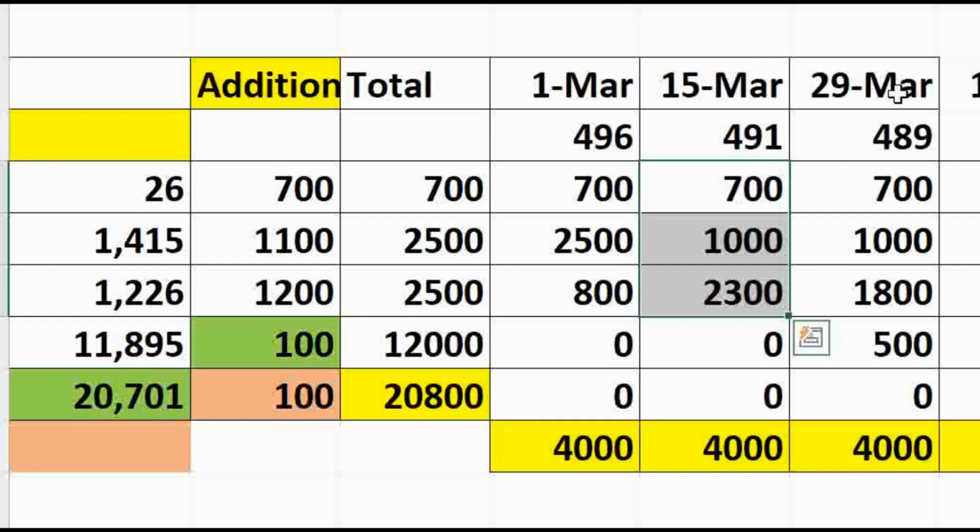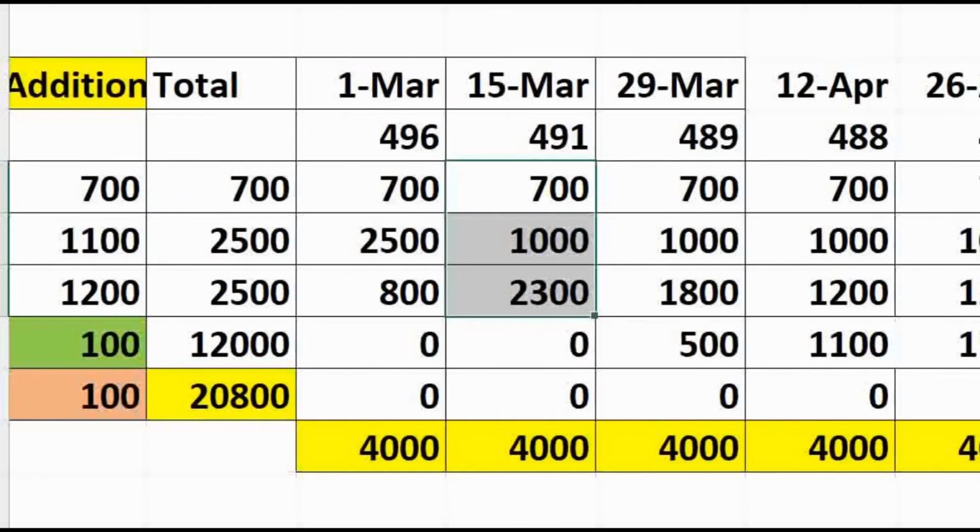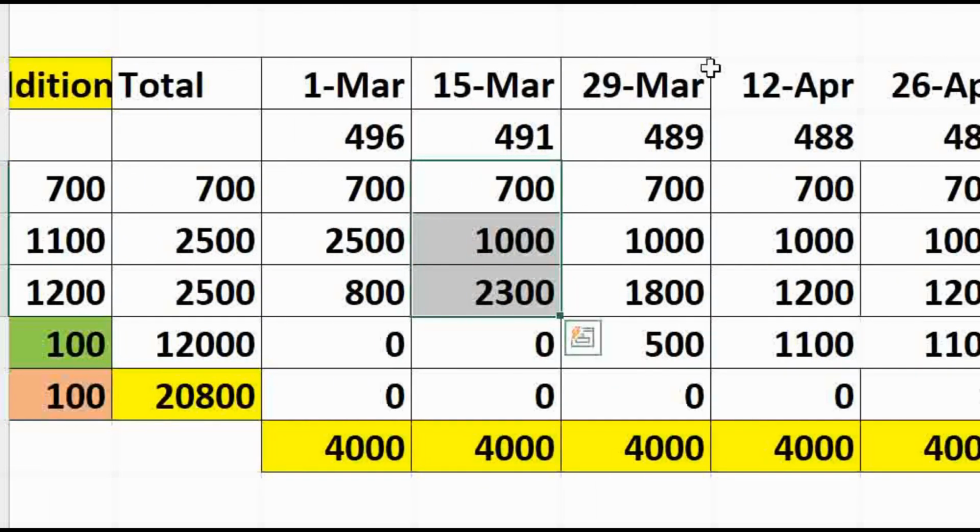And what can be on 29th of March? In the next draw on 29th of March, if 700 more are added in this slab, that is 601 to 1200, and 1000 here and 1200 here. 600 were already there and 1200 we have added as net additions. So if we add up these three, it makes 3500.